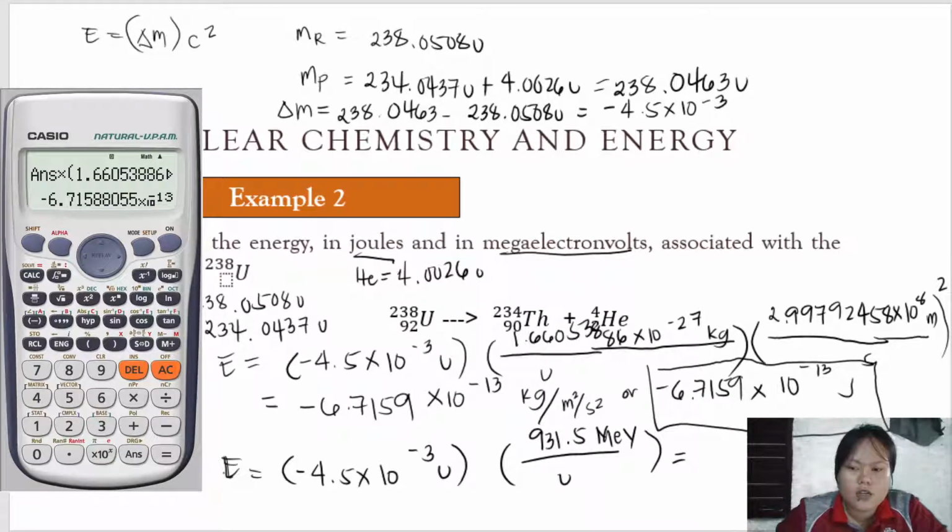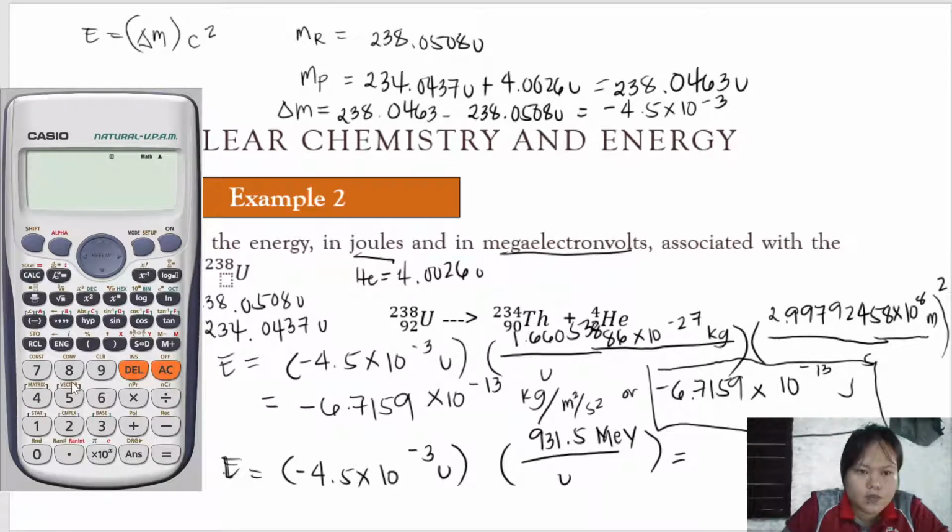Using the calculator, that's negative 4.5 times 10 raised to negative 3 times 931.5.